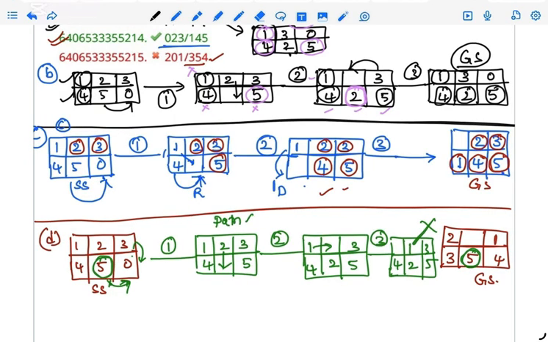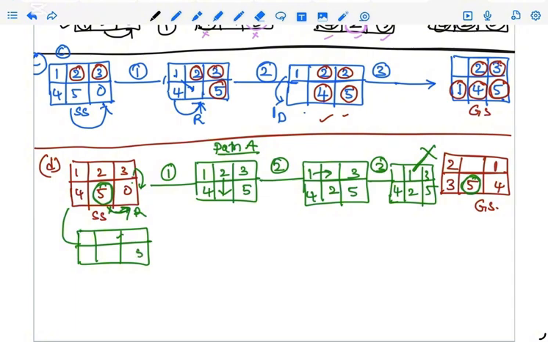We tried path A, other also possible, right? So here empty space 3 2 1 4 for the first move. For the second move, if we move 4 here, no duplicate states are allowed.